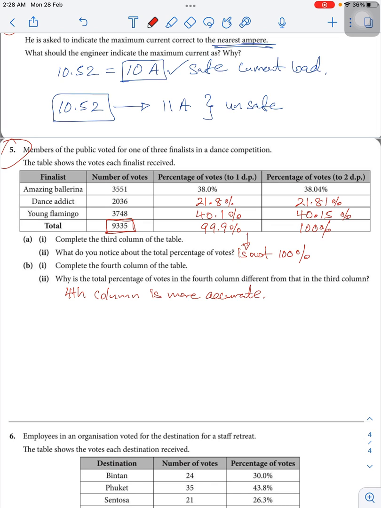Okay, so because of the 2 dp, because you're using more decimal places, having more decimal places makes it more accurate.